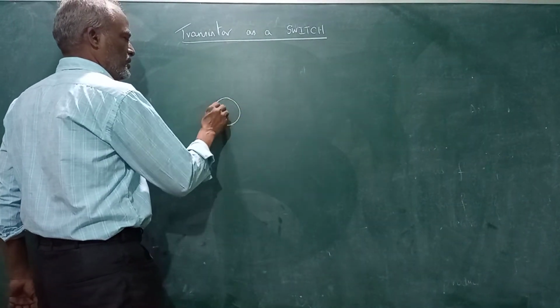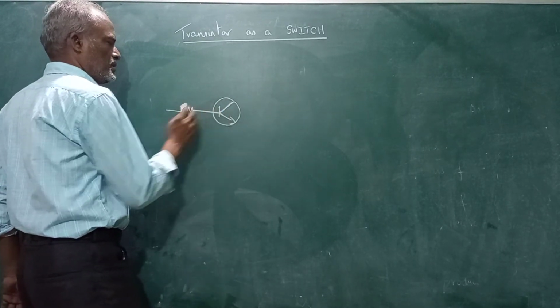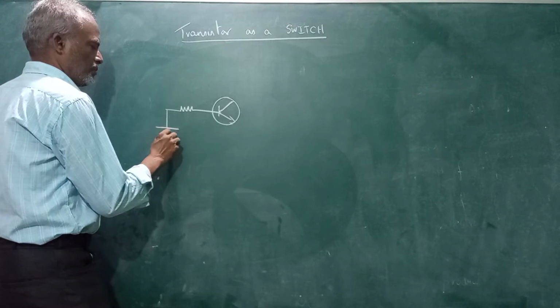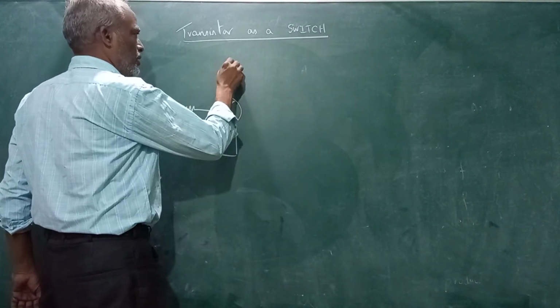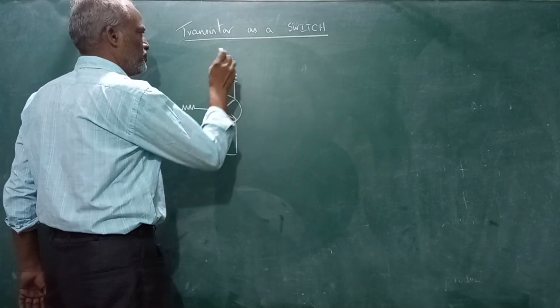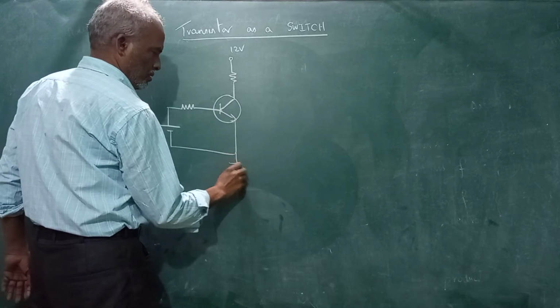We have an NPN transistor with a base resistance and a base supply, and a resistance here. Assume this is 12 volts, this is 0.